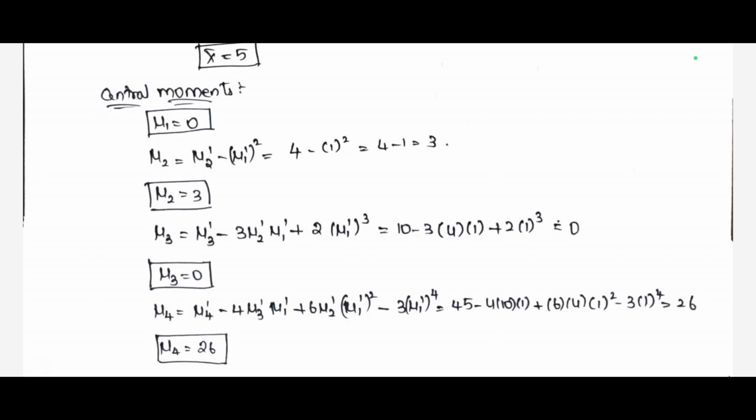Coming to the mu4 value, if I substitute, we get 45 minus 4 into 10 into 1 plus 6 into 4 into 1 square minus 3 into 1 to the power of 4, that is we got 26. Thank you.